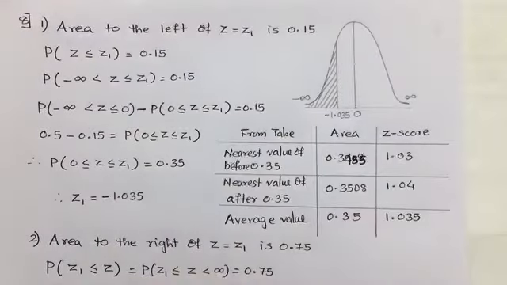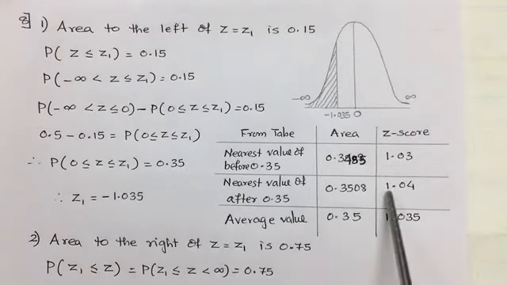So making a calculation table here and writing the areas by nearest value: the nearest value before 0.35 is 0.3485 and the Z score is 1.03. The nearest value after 0.35 is 0.3508 and its Z score is 1.04.